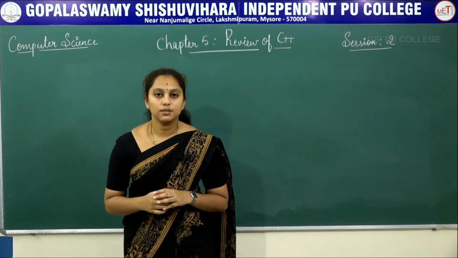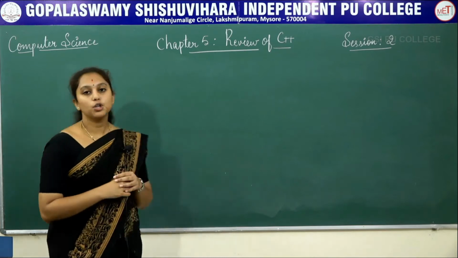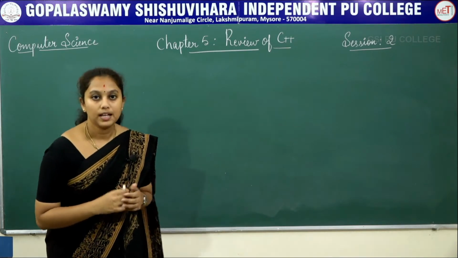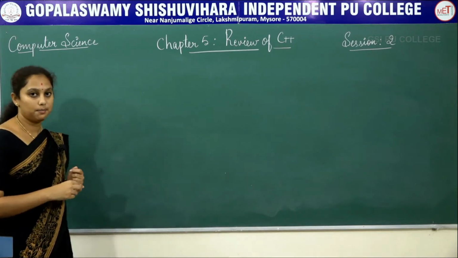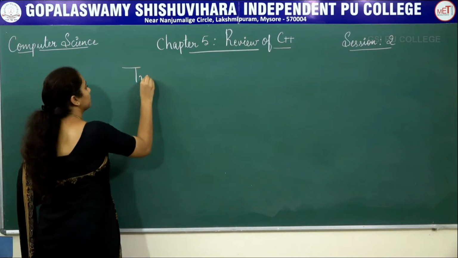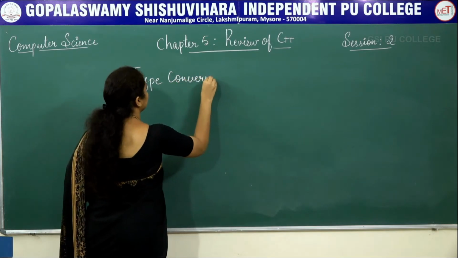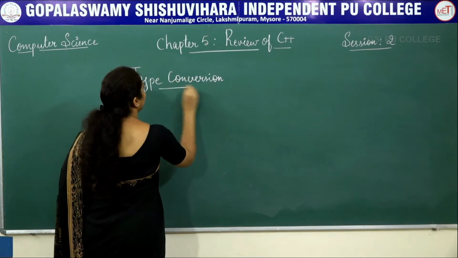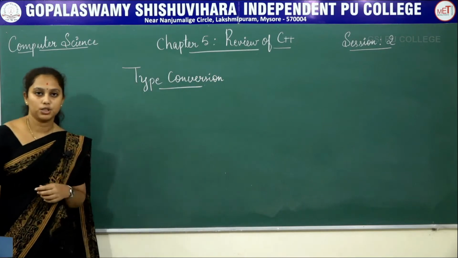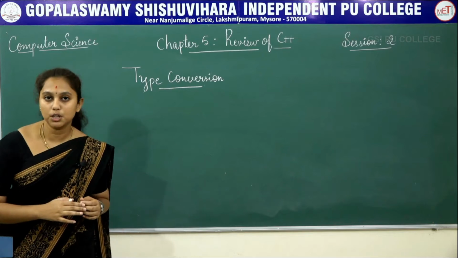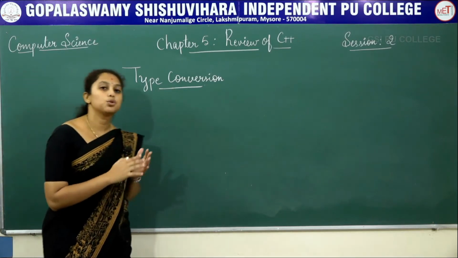Today we are continuing with the chapter Review of C++ Session 2. In this session, we are going to study about type conversion. What is type conversion? Type conversion is nothing but converting an expression from one type to another type.